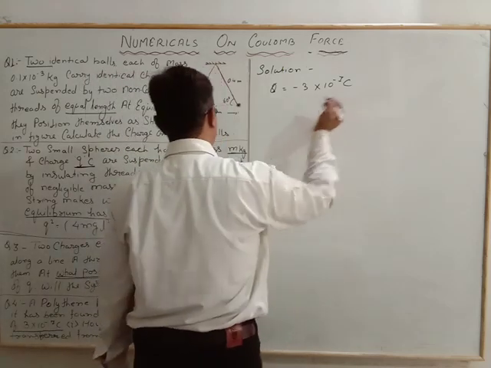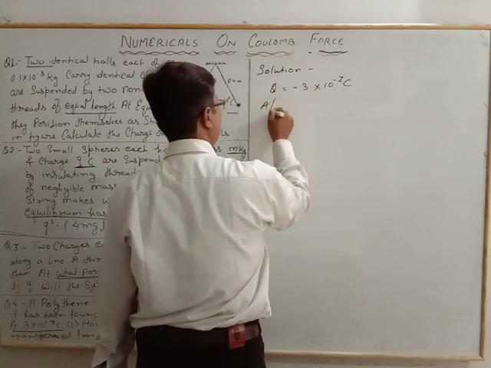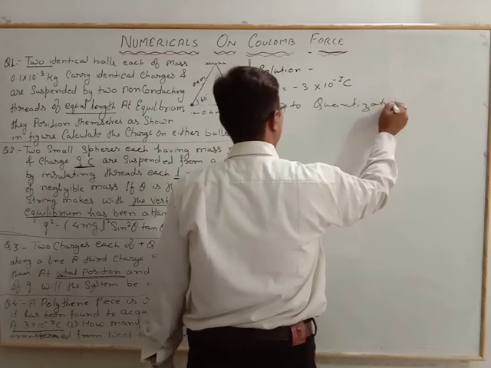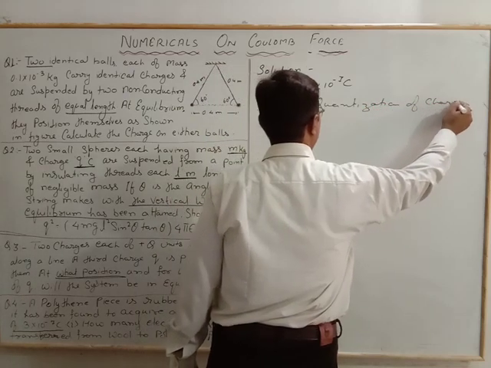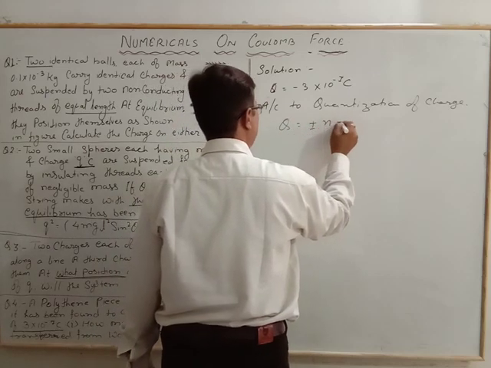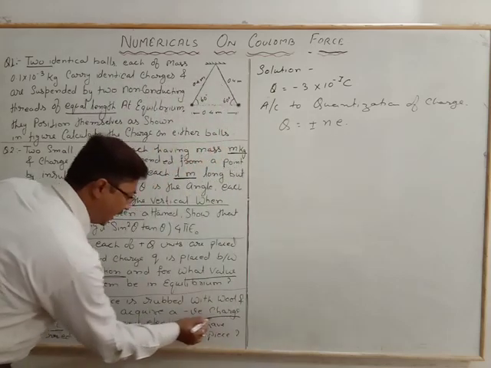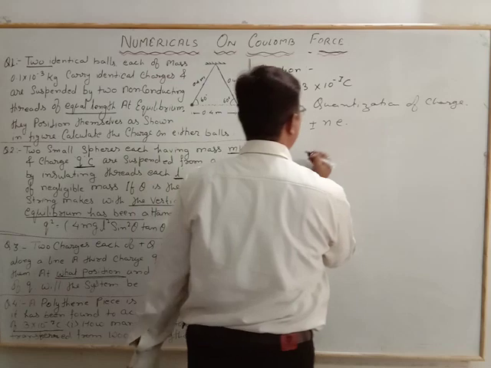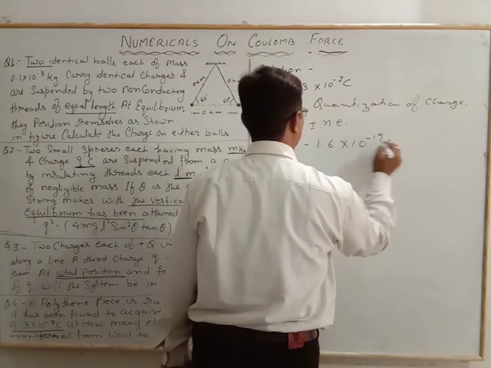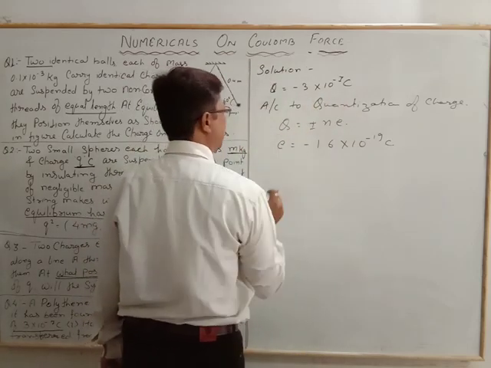According to the quantization of charge, q is equal to plus or minus n e. The negative charge is given here, which means electrons. So the value of e is equal to minus 1.6 into 10 to the power minus 19 coulomb, and the total value of the charge q is given as 3 into 10 to the power minus 7 coulomb.